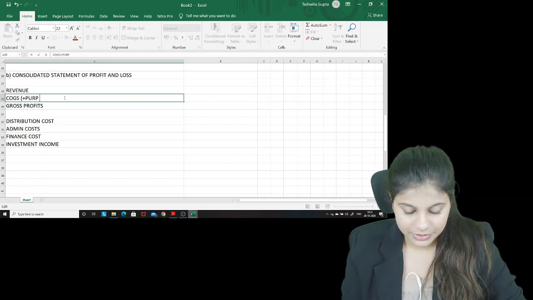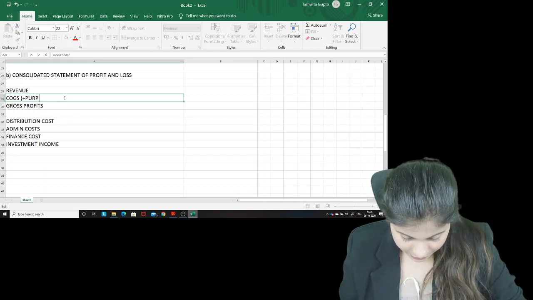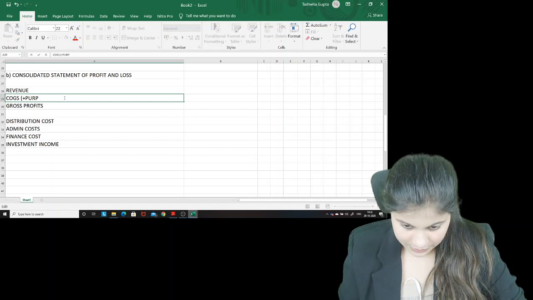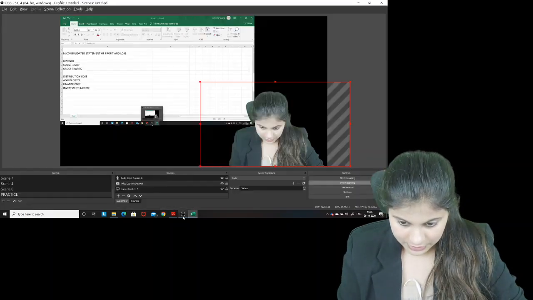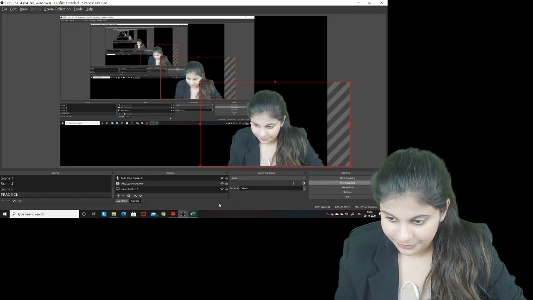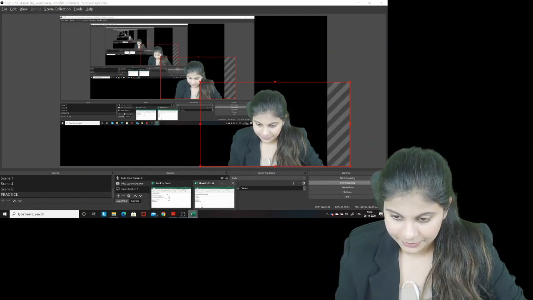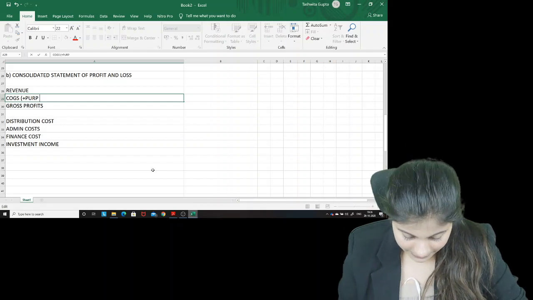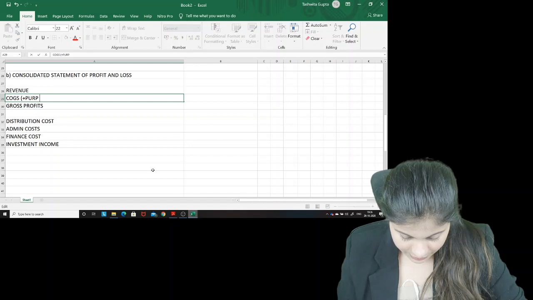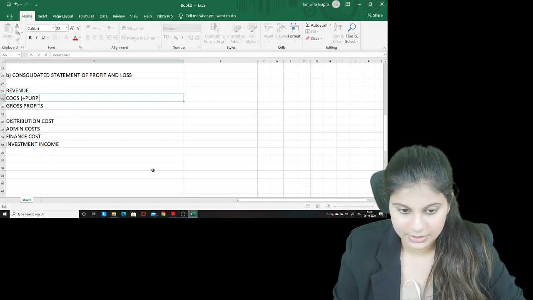And what is your intragroup revenue and intragroup purchase? So your intragroup revenue is how much? Okay, so my intragroup revenue is 9600, right?